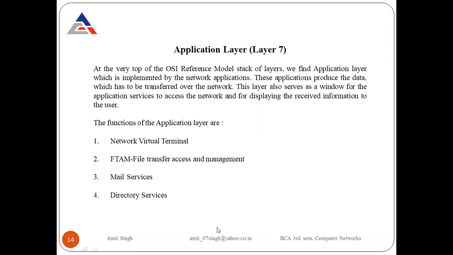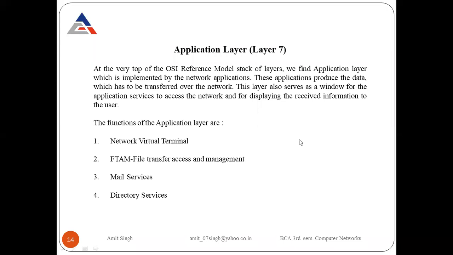Basically, the application layer is the top layer of the OSI model, and it is implemented by the network applications, any applications working there. These applications produce the data which has to be transferred over the network from one system to another.